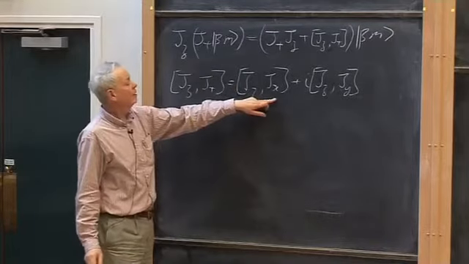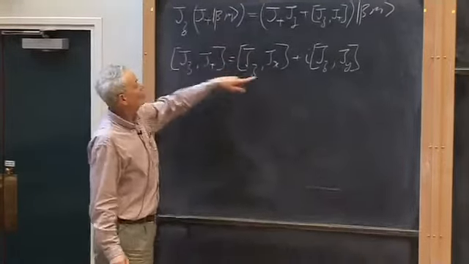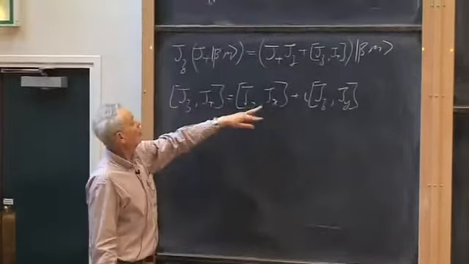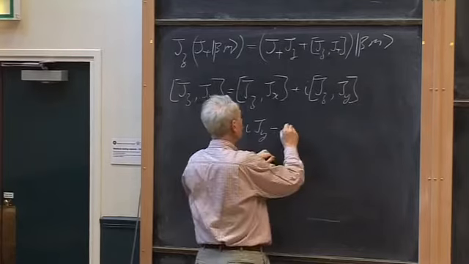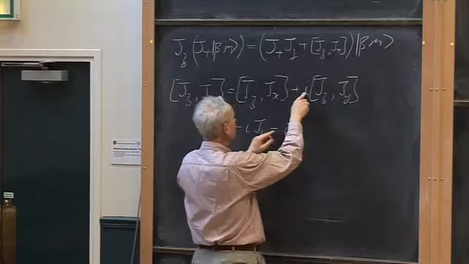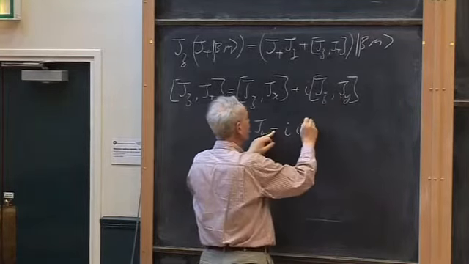This is minus I Jy from the rule given way up there. And this is minus I. So this is going to be I, this I, minus coming up another I, Jx, again from the rule above.